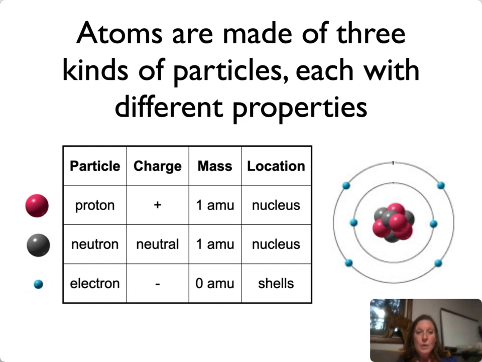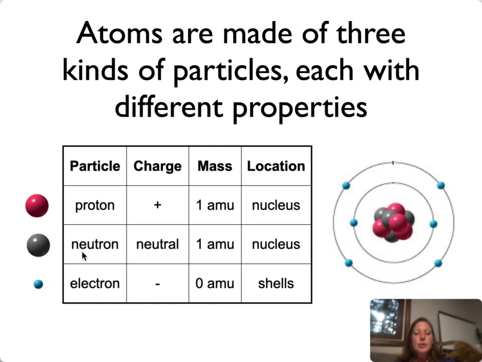And once again, we use the proton as the unit. So whatever 1 proton weighs, that is now 1 atomic mass unit. And anything else is based on how much a proton weighs. Now, protons are located in the nucleus or the center of the atom.